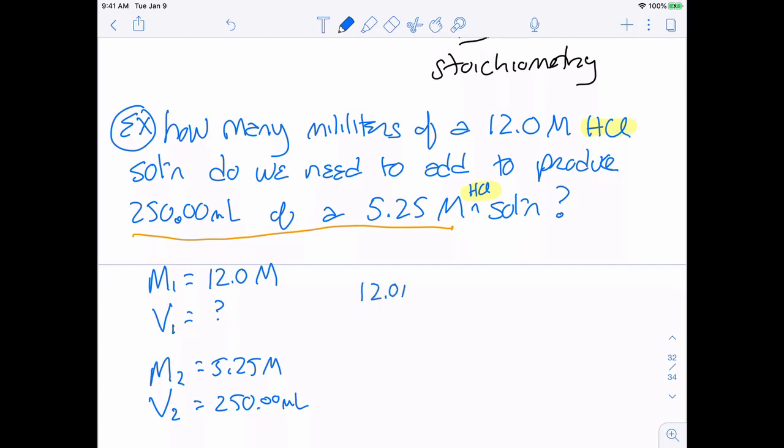So 12.0 molar times V1, I don't need those parentheses, they didn't hurt anything, equals 5.25 molar multiplied by 250.00 milliliters. So solving for V1.